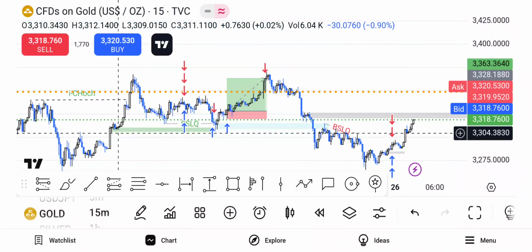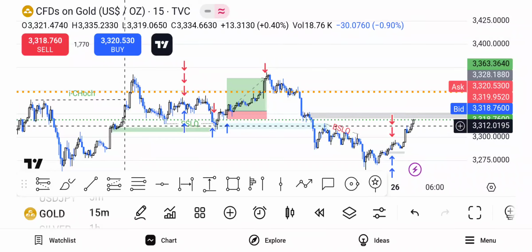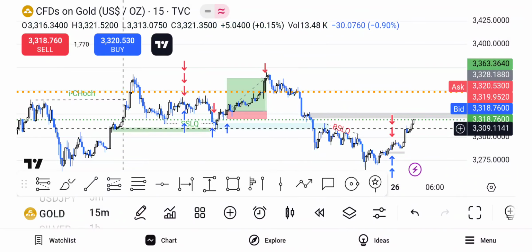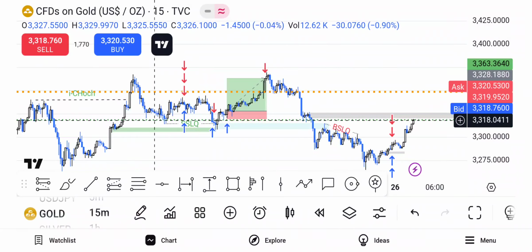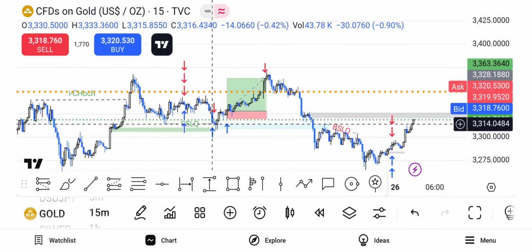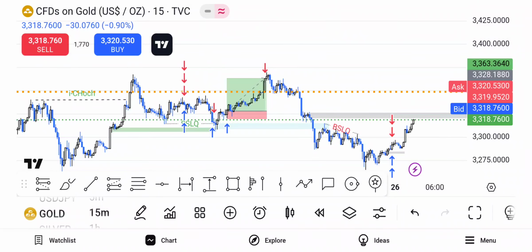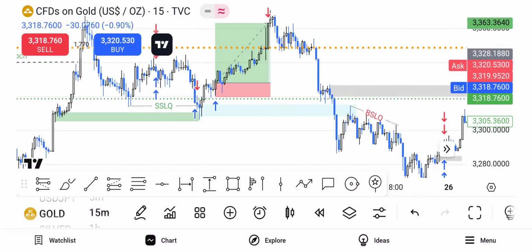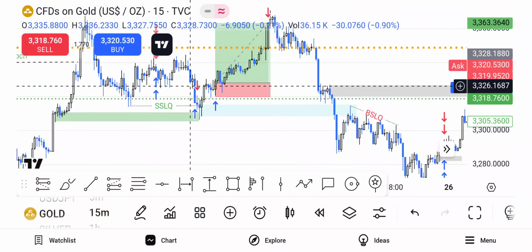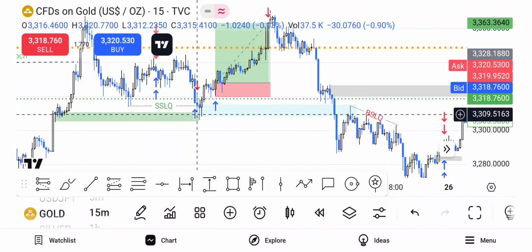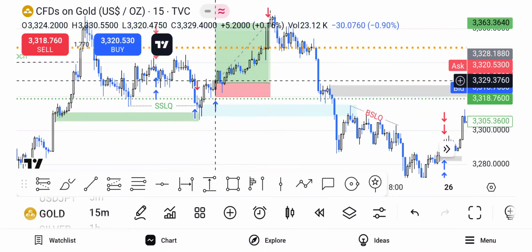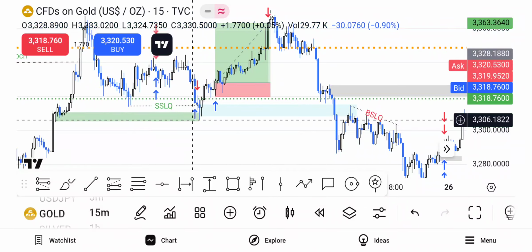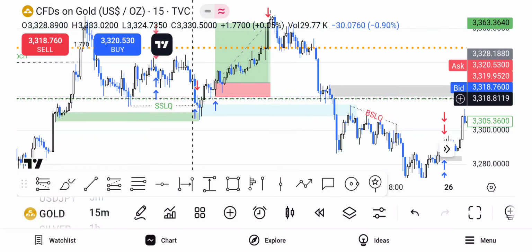So we waited for liquidity to build up above this supply zone. So the liquidity built up around here, and after that the price swept liquidity. This move swept liquidity and tapped into the supply, and then boom, it started to move upwards.